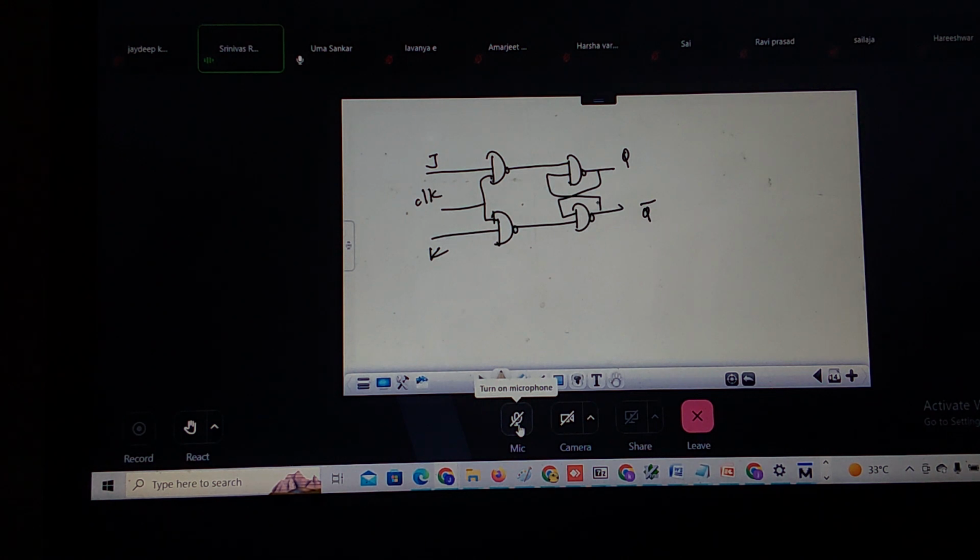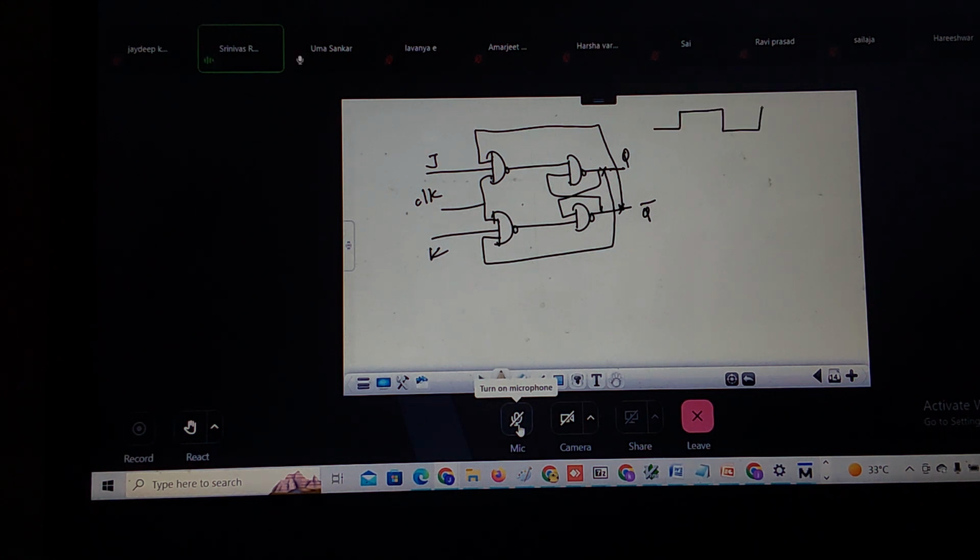And there is the SR flip-flop also. For S equal to 1 and R equal to 1, you will get a violation state. To remove that violation state, you introduce the feedback like this, and the violation state is converted into a useful state. Correct. So in this case, what happens?